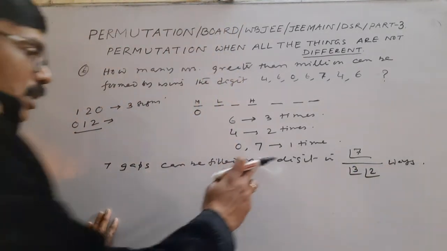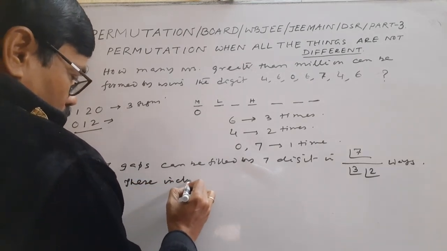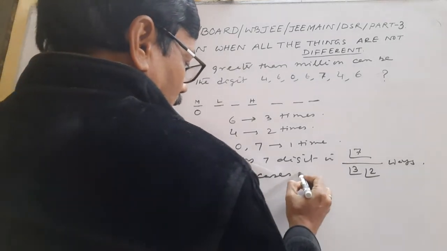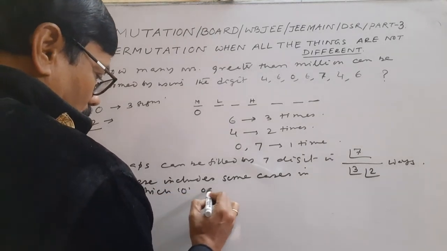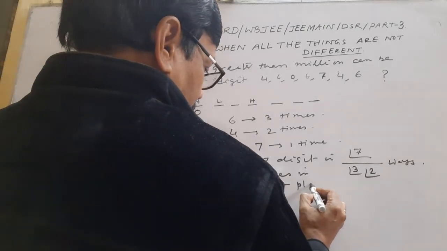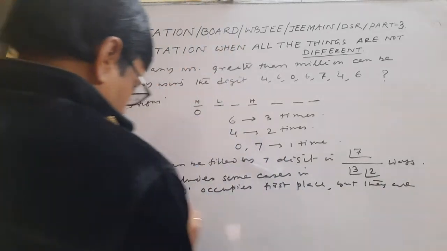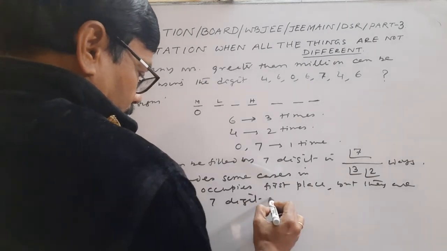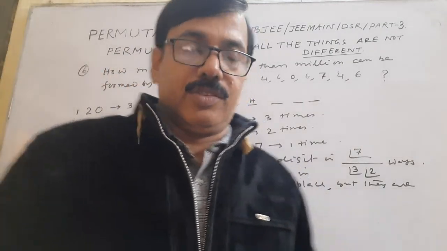But these include some cases in which 0 occupies the first place, but they are not 7-digit numbers, so we have to delete these.